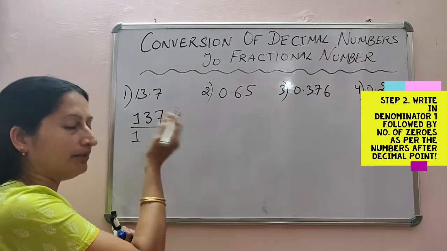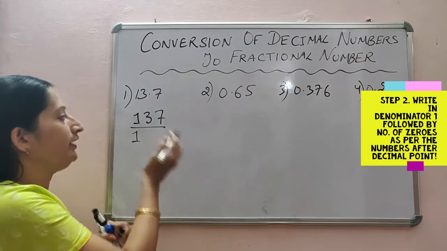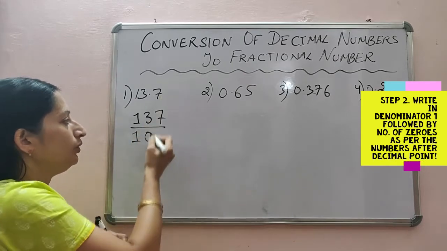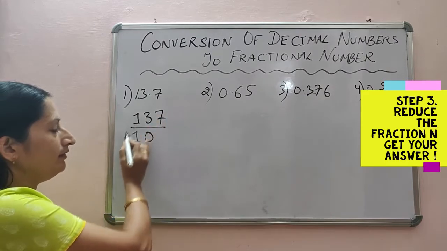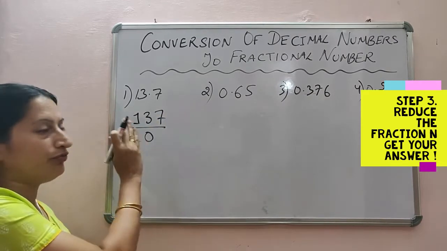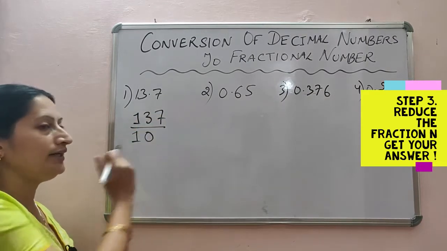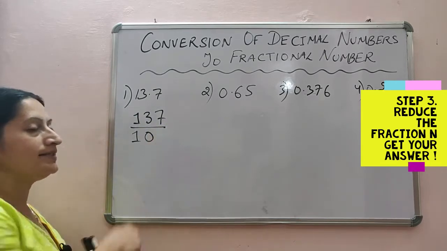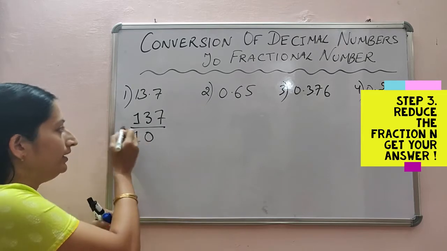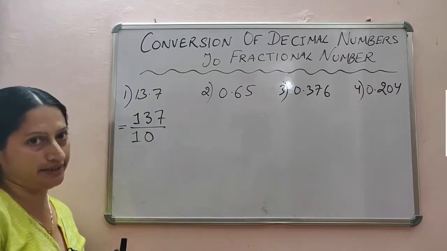As per the numbers after the decimal point, we will put the 0 here. So only a single 0 we will get here. Now, we cannot reduce it further, because it is not divisible by any single number. So our answer will be 137 by 10.